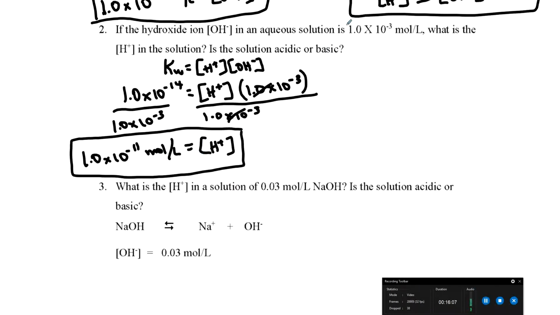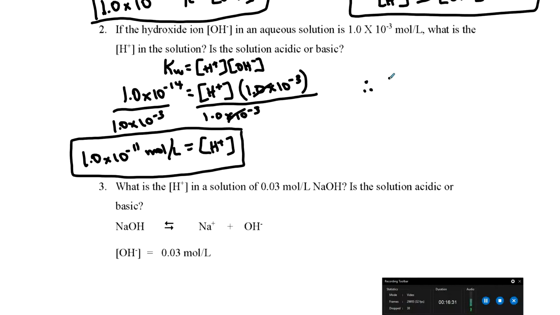Okay, so now that we know our two concentrations, we have a very small, even smaller value for H plus and a larger value for OH negative. In this case, our OH negative concentration is higher than our H plus concentration. So that would give us a basic solution.